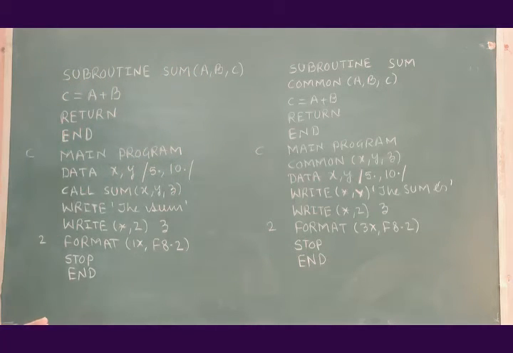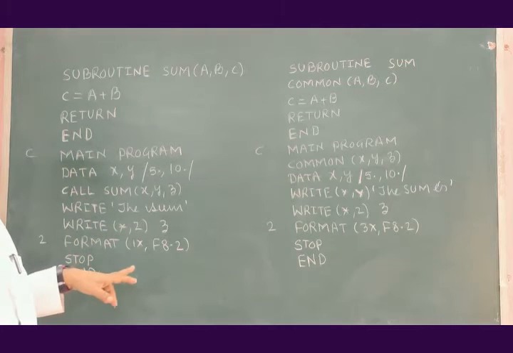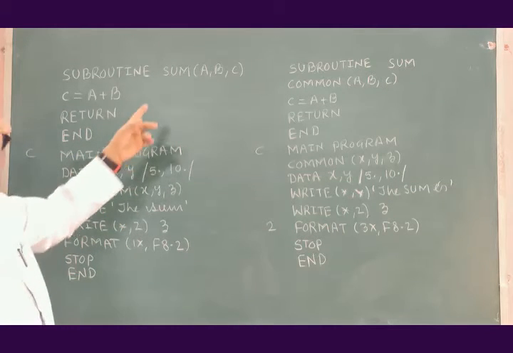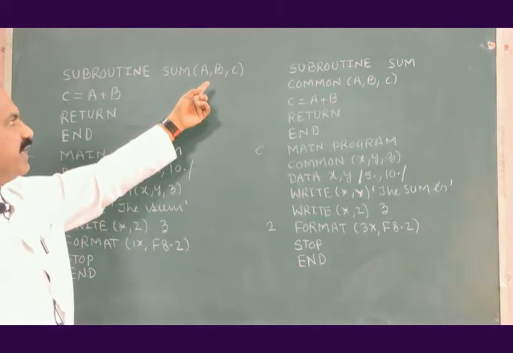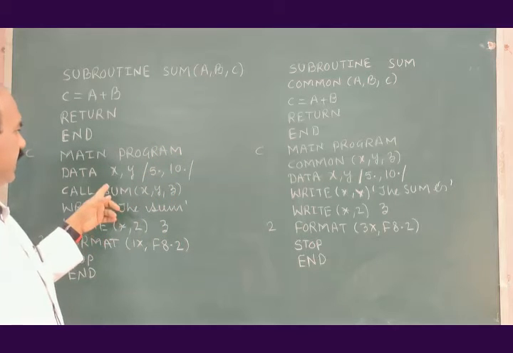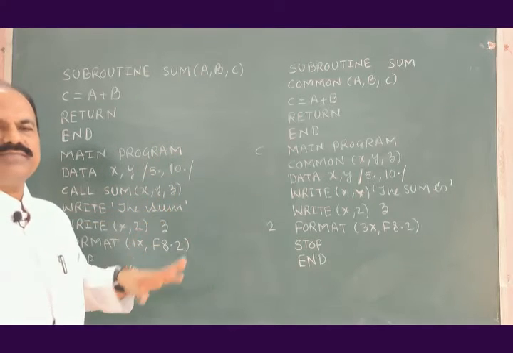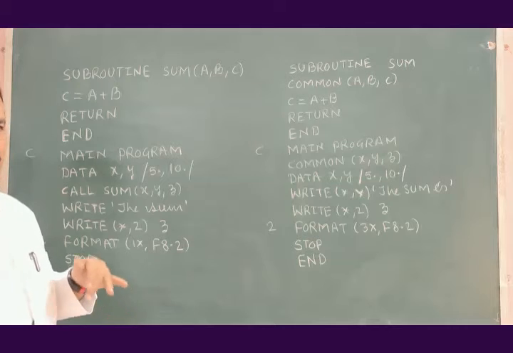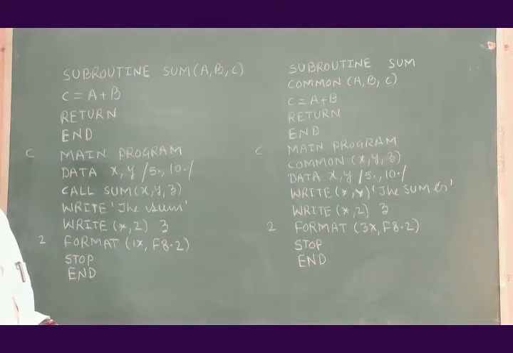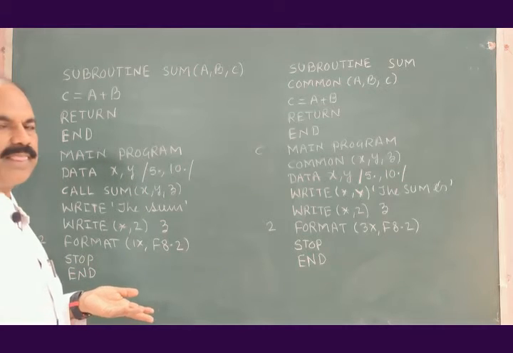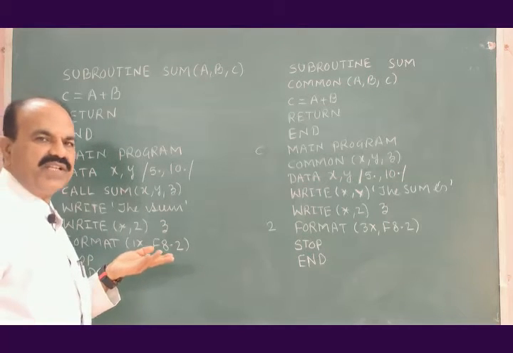Both the programs are the same. What is the difference? In this program, the common statement is not used. For these variables a, b, c, and for the variables x, y, z, different memory areas of the computer are reserved.